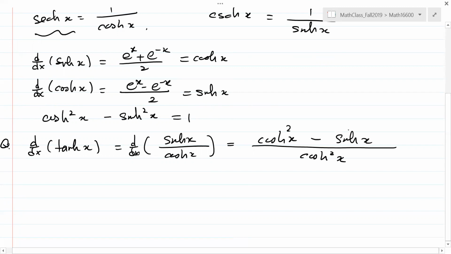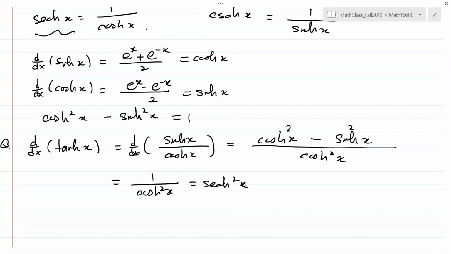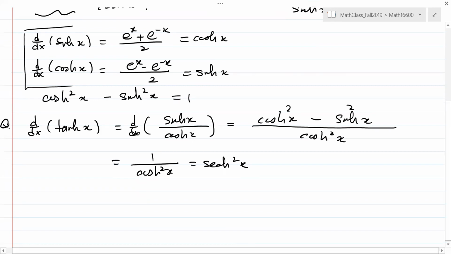So you get this, and the numerator becomes 1. And this is nothing but, by the definition, the hyperbolic secant squared x. So those are the formulas you can easily get by yourself if you only memorize those two. If you only memorize those two formulas, you can get the derivative of hyperbolic tangent x and the derivative of hyperbolic secant x.